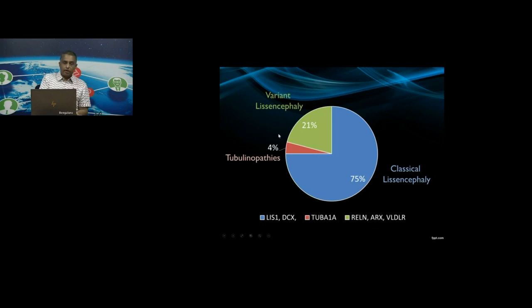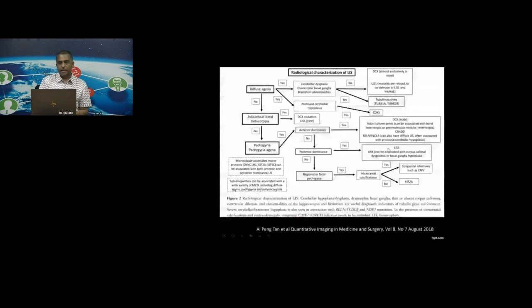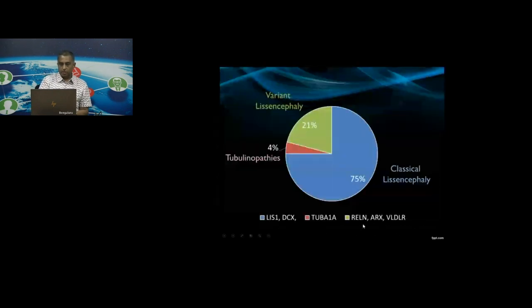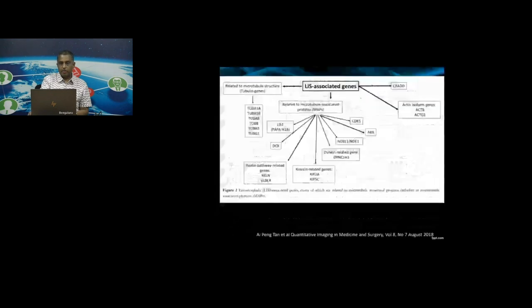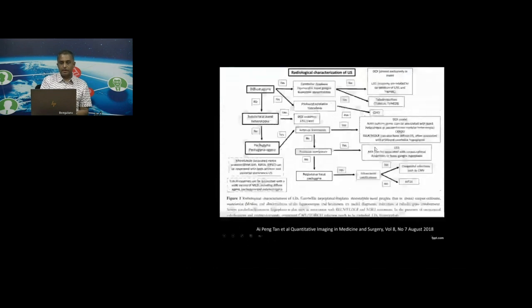Your tubulinopathies, which we will see a little more in the coming slides, contribute about 4%, and variant lissencephalies will contribute about 21%. So that is the other group which forms the 21% over here.